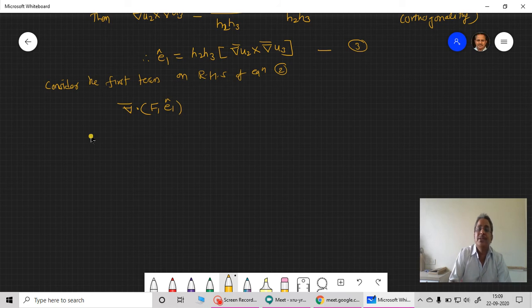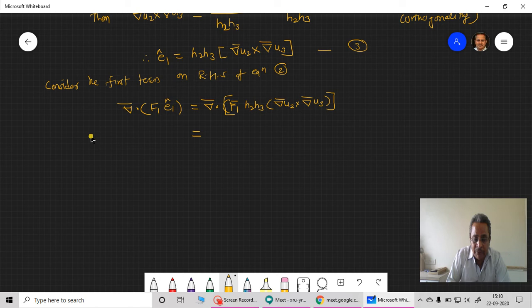So I am replacing this E1 from equation number 3 here, so it becomes del bar dot, in the bracket F1 multiplied by H2 into H3, square bracket, F1 into H2 H3 into the bracket grad U2 cross grad U3. So this is what I have concentrated on here on the first side. We have to solve this.